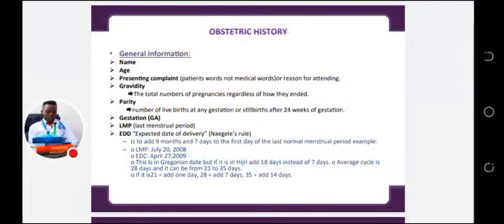Then you also need to check for the last menstrual period. Ask your client when they last had their menses. Then you should also ask for the expected date of delivery according to Nagel's law. According to Nagel's law, you add 9 months plus 7 days to the first day of the last menstrual period.